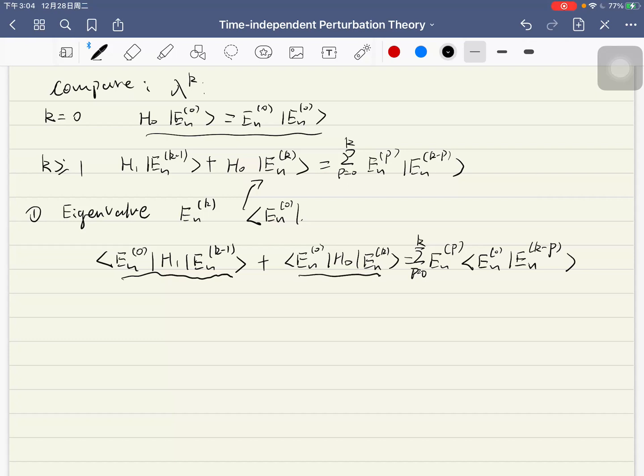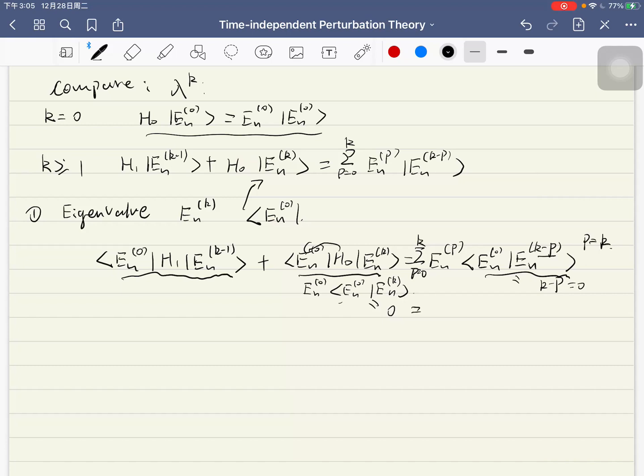The second term, since <n0|H0 equals En0 <n0|, gives En0 times the inner product of <n0| with |n(k)>, and by assumption this term equals 0. On the right-hand side, by the basic assumptions, only the term with k minus p equals 0 does not vanish, so p equals k.